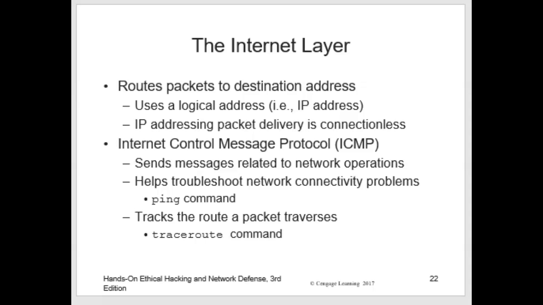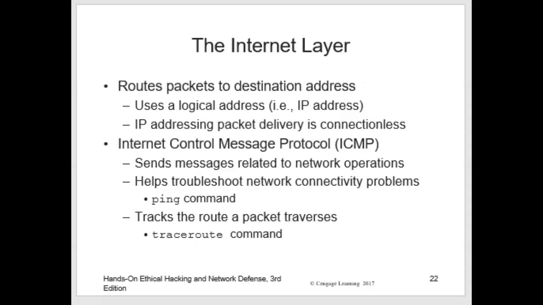Now, the internet layer, layer 3, is going to route. So TCP is layer 4, and I said layer 4 and layer 3 work together. TCP or UDP is layer 4. Layer 3 is the IP layer. This is the routers. The routers route the packets to the destination address, right?